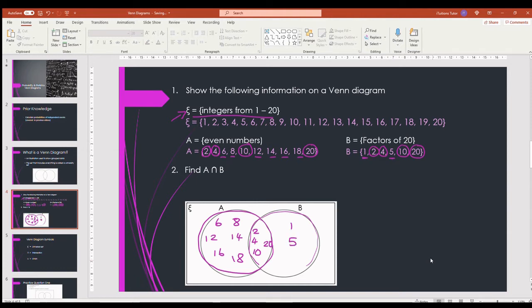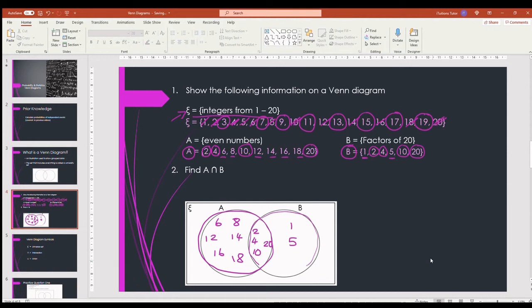On the outside of these circles, you'd have any numbers that are in the universal set but not in set A and set B. So let's have a look at the universal set. 2, 4, 6, 8, 10, 12, 14, 16, 18, 20 appear in set A. And 1, 2, 4, 5, 10 and 20 appear in set B. So the numbers that we have left are 3, 7, 9, 11, 13, 15, 17 and 19.